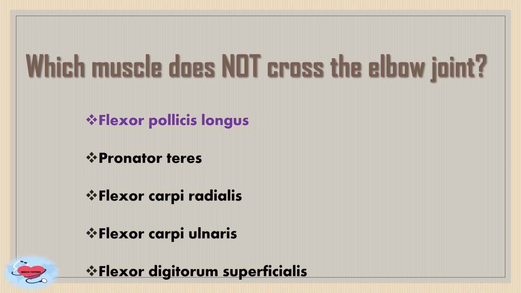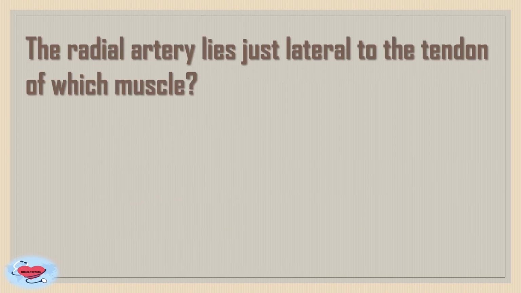Actually, superficial muscles cross the elbow joint, but deep muscles do not cross the elbow joint. In this case, flexor pollicis longus is a deep muscle, so that doesn't cross the elbow. So the answer is flexor pollicis longus.